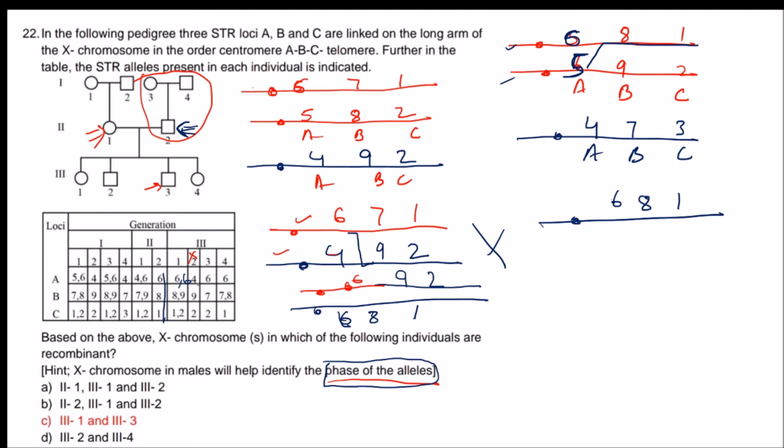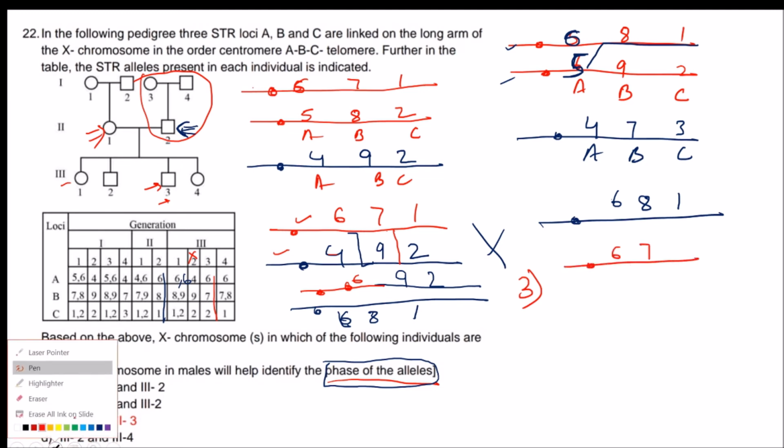It means in the third number of progeny of the third generation, what are we getting? 6, 7 and 2. So here crossing over has taken place. So the third progeny is having a chromosome from the 6, 7, and because of the crossing over with this chromosome which this progeny has inherited from its parents, the second one.